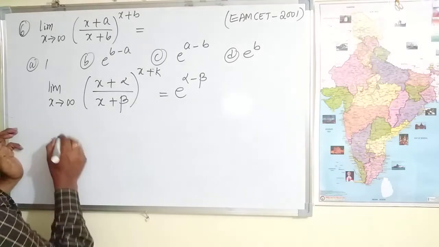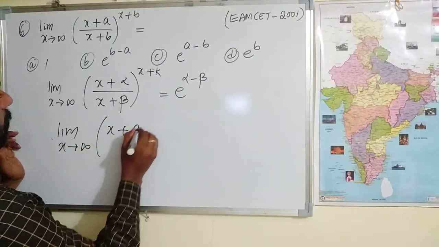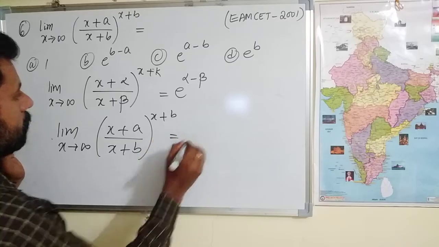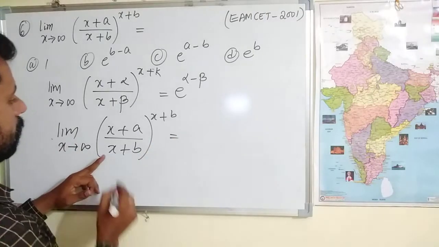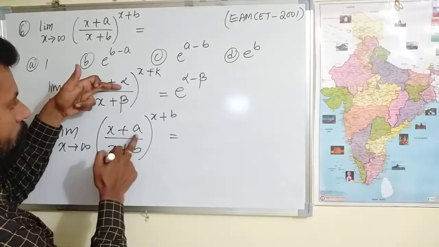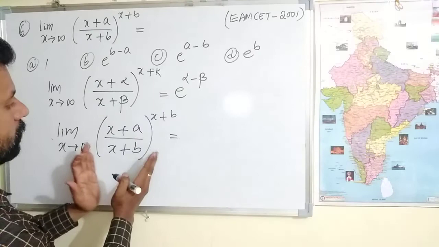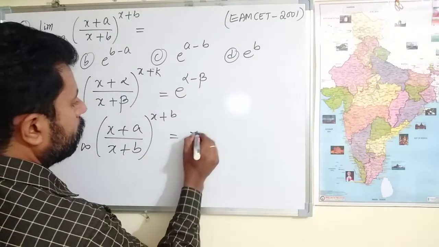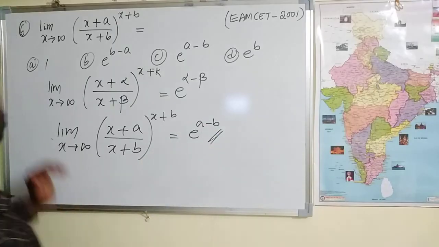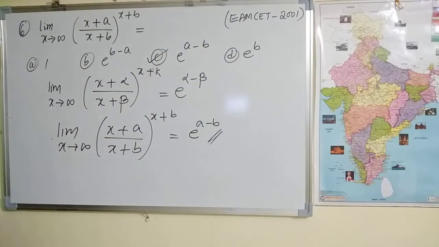Limit x tends to infinity, x plus a divided by x plus b to the power x plus b, instead of alpha we have a, instead of beta we have b. This result can be written as e to the power a minus b. Here option C is the correct option.